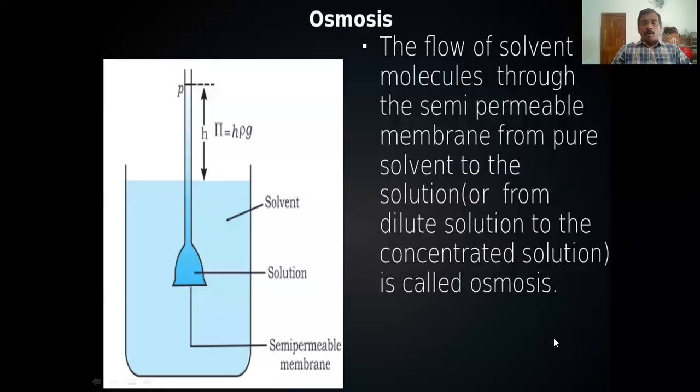Today we are discussing the fourth colligative property, that is osmotic pressure. So what is osmosis? All of you know about osmosis. It is the flow of solvent to solution when they are separated by a semi-permeable membrane.